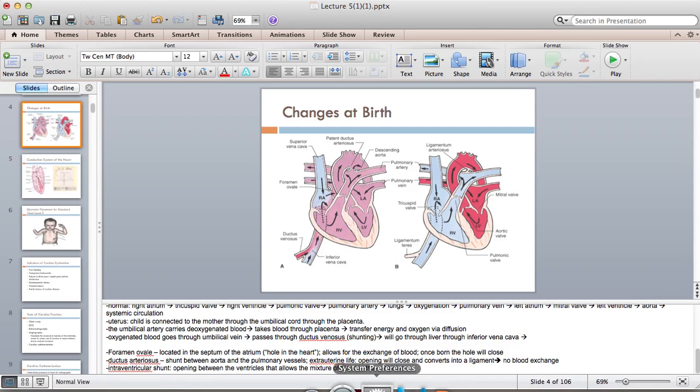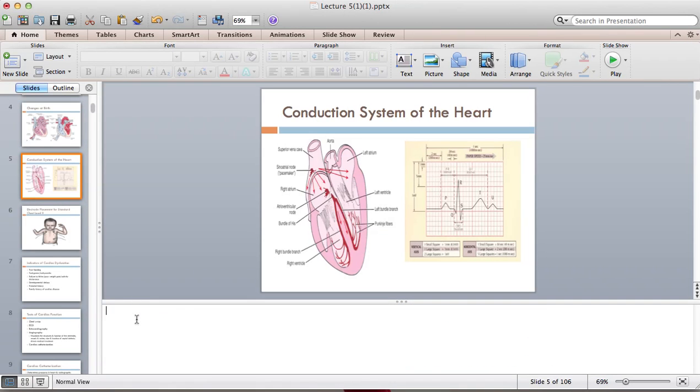Other things that happen in the heart that we all know about is the electrical conduction in the heart. So starting from the atrium, we have the sinoatrial node, which is the natural pacemaker of the heart.